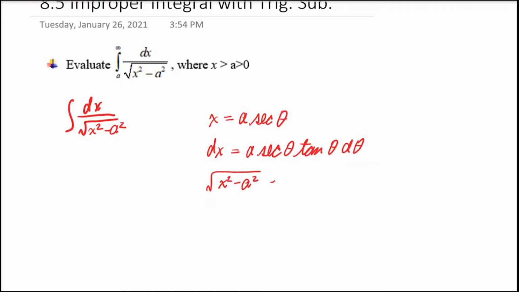So do you agree that this thing, I'll just write it. So we have a squared, common factors, secant squared theta minus 1, right? And then that thingy, of course, is tangent theta. So far, so good?